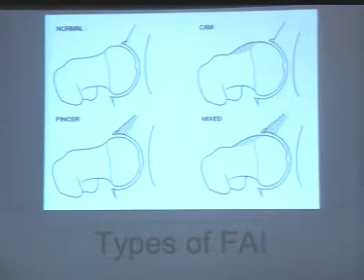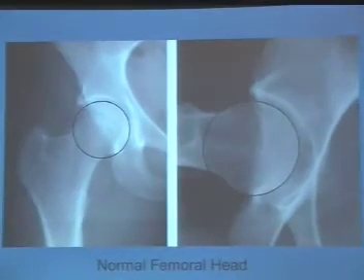Then the second type of lesion, which is the pincer lesion, is overgrowth of the acetabular margin. And the third one is the mixed, which is the most common of the FAIs encountered in individuals.